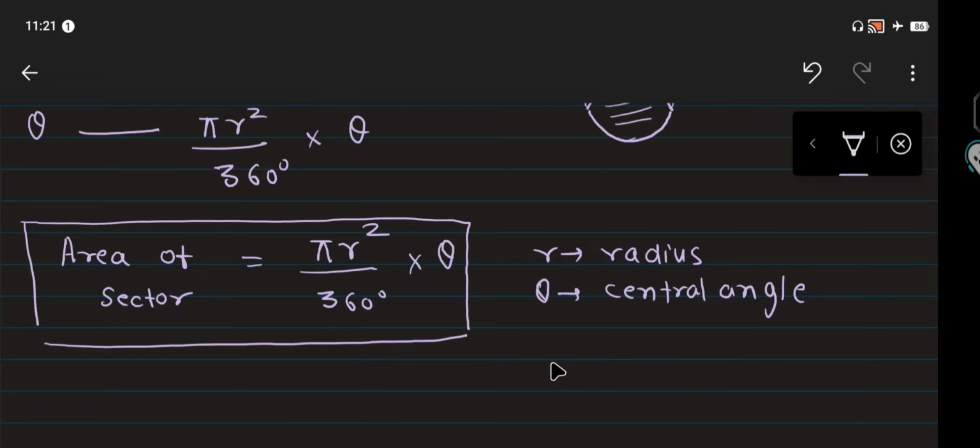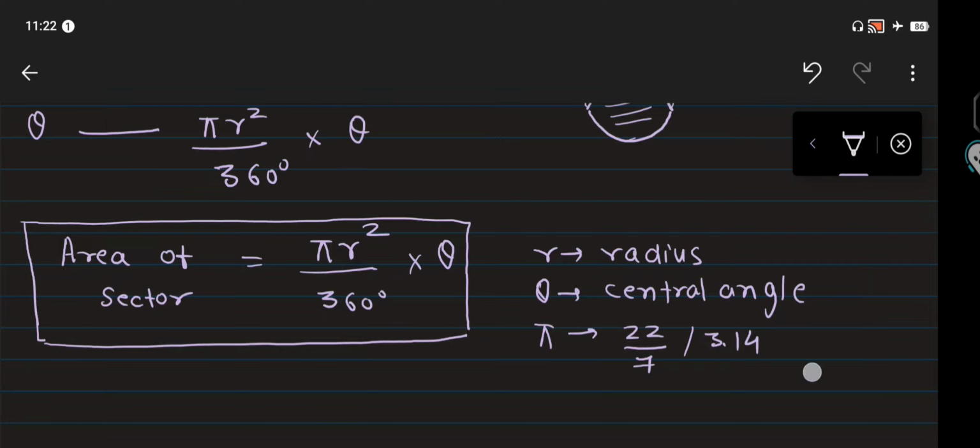And pi is the constant, value is 22 by 7 or 3.14. So using this formula we can calculate the area of a sector.